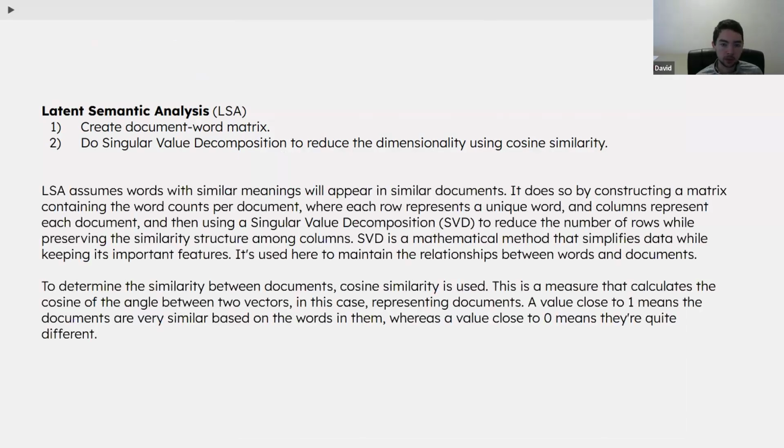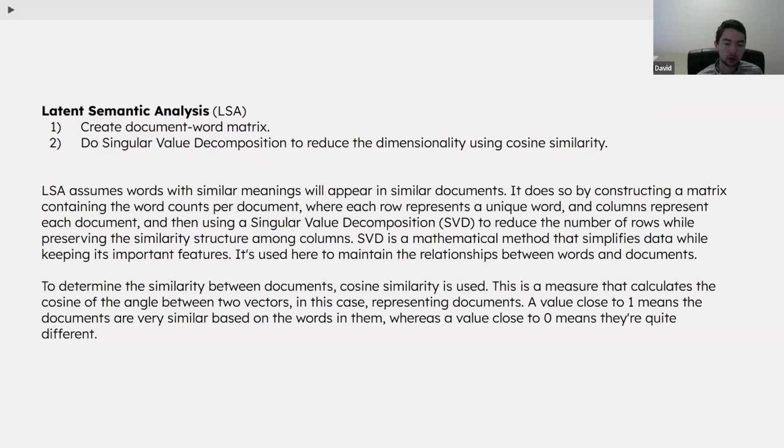We're assuming that words with similar meanings will appear in similar documents. For example, defense and nuclear might be in some of the same documents, or environmental and pollution. So we construct our matrix and we simplify the data and maintain the relationships between the words and documents.